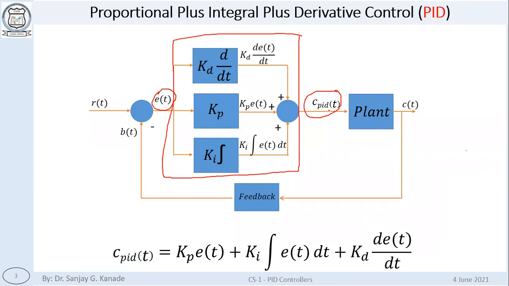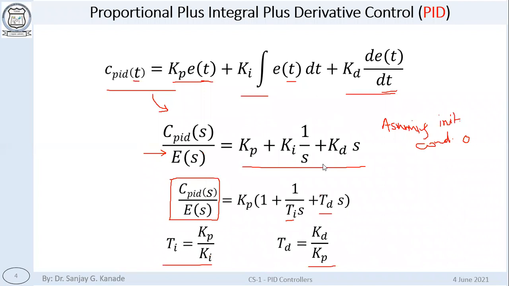So if I take the ratio of the Laplace transforms of these, I will get the transfer function of this particular block, which is the PID block. So that is what we have done here. This is the transfer function of the PID block.